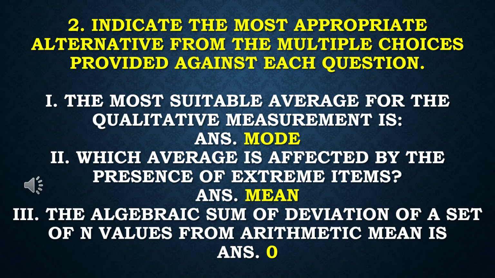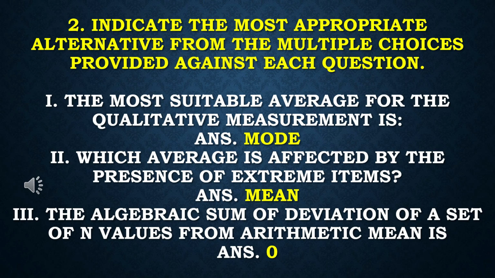The second question of this exercise is: indicate the most appropriate alternative from the multiple choices provided against each question. So the first question of question 2 is: the most suitable average for the qualitative measurement is. So here the answer will be what? It is mode. The next question is: which average is affected by the presence of extreme items?